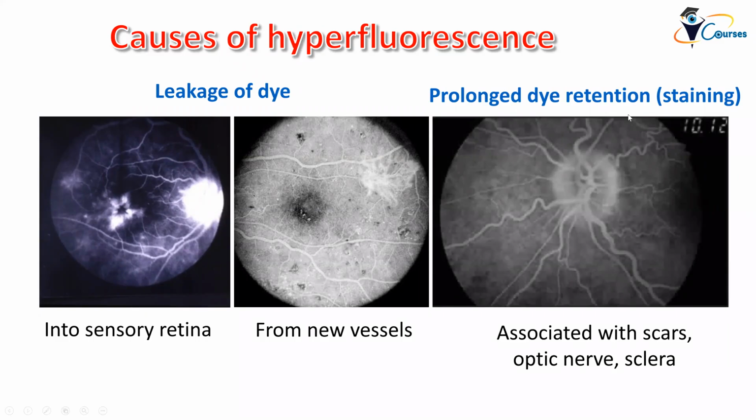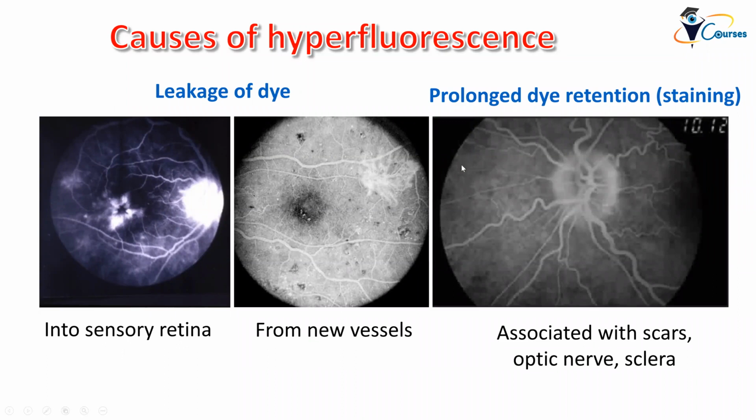Also, we can say that staining is another form of hyperfluorescence. Staining means that there are certain structures that have high affinity to the fluorescein, so with every circulation of the fluorescein, they will take up the dye.